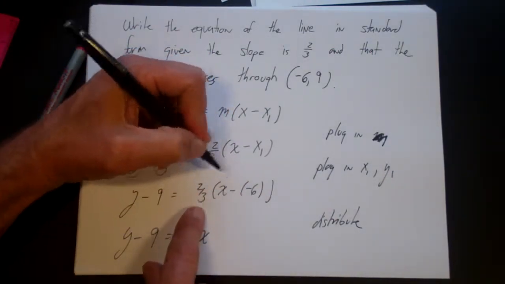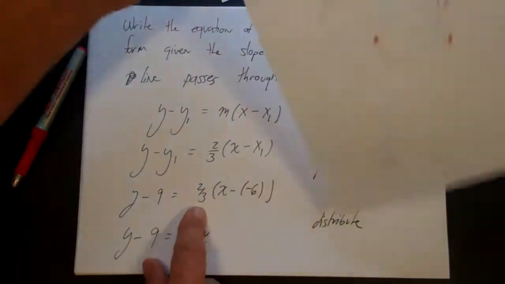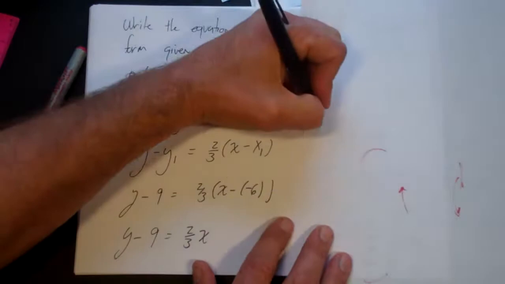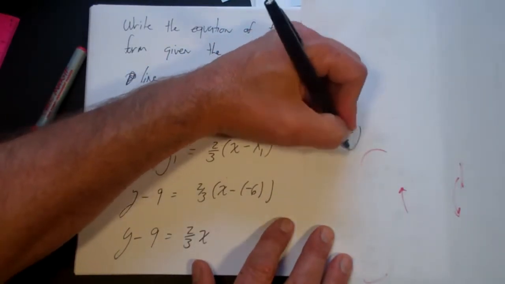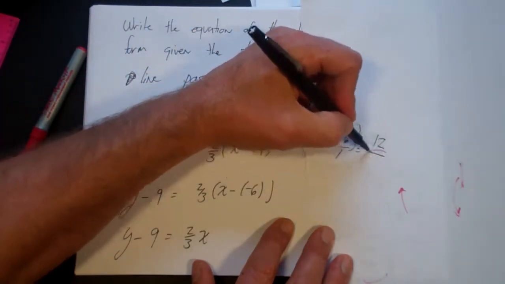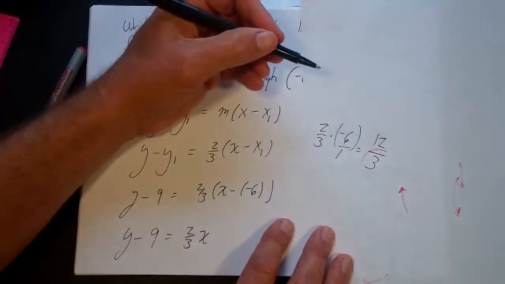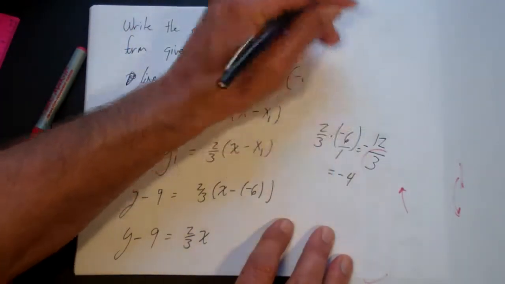Now be careful here, that's 2/3 times a negative 6. If it's 2/3 times a negative 6, that's 6 over 1. So 2 times 6 is 12, 3 times 1 is 3, so it's going to be a 4. And since it's a positive times a negative, it's going to be a minus 4, or negative 4.